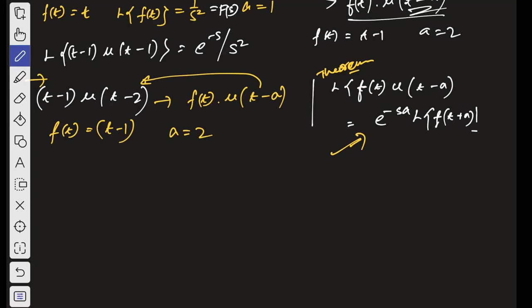So to apply this theorem, you can apply the theorem directly here.